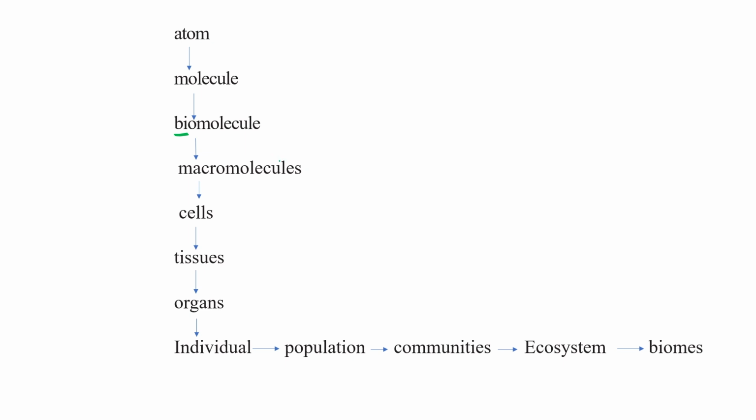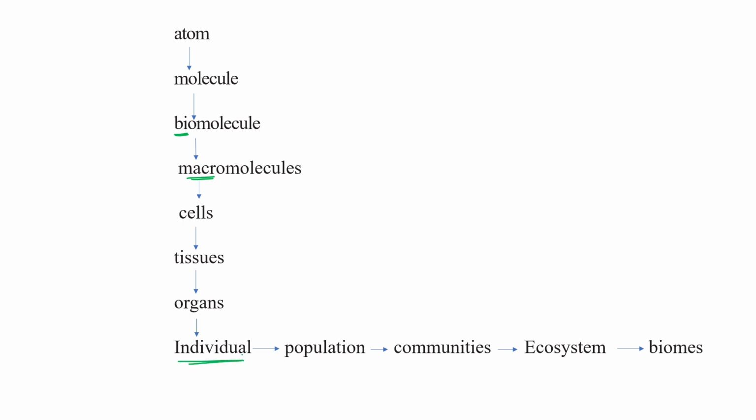Biomolecules like amino acids, monosaccharides, fatty acids, they all come under the biomolecules category. And interaction of more than one amino acid, they can form protein, so macromolecules. Or more than one monosaccharide, they can collectively form initially oligosaccharide, then polysaccharide. So from biomolecule to macromolecule, and then macromolecule to cell to tissue to organ, and organ to individual.